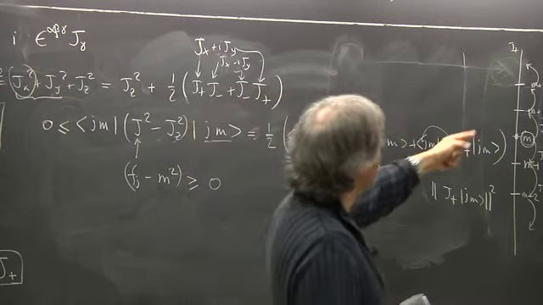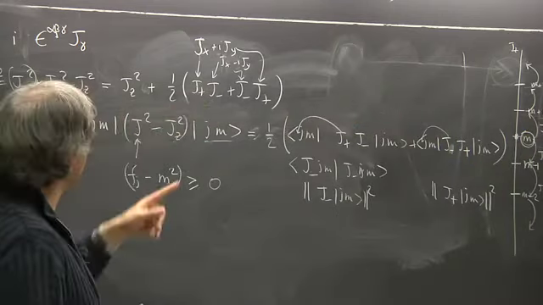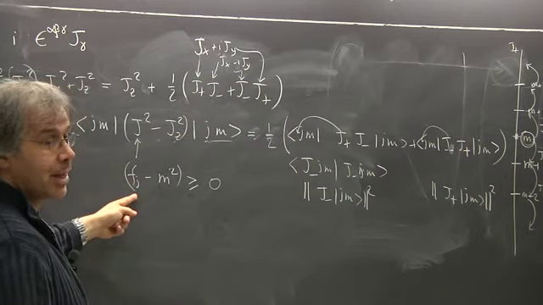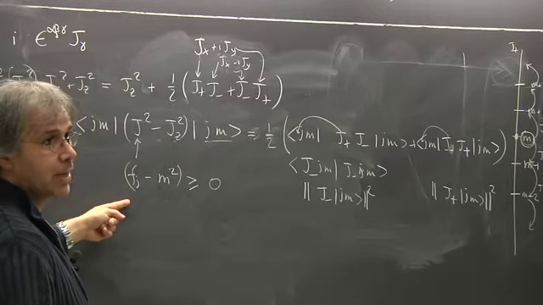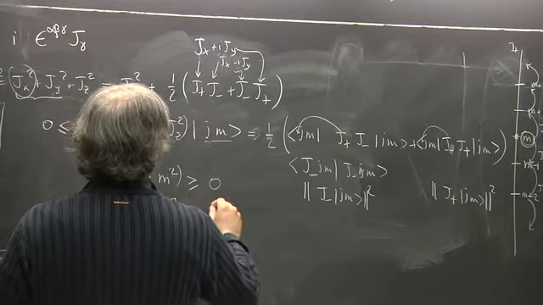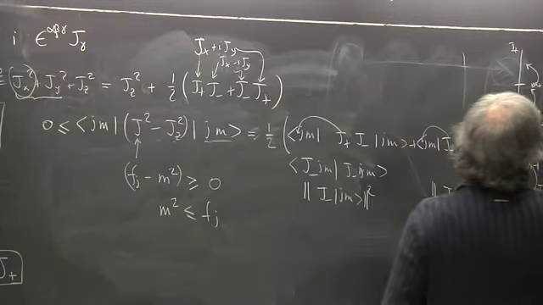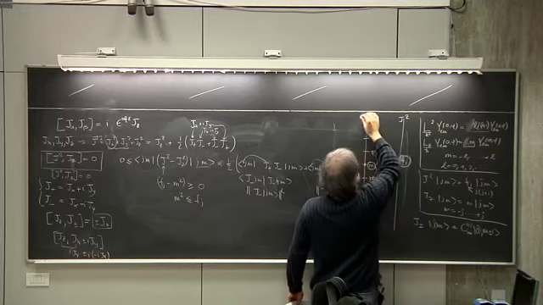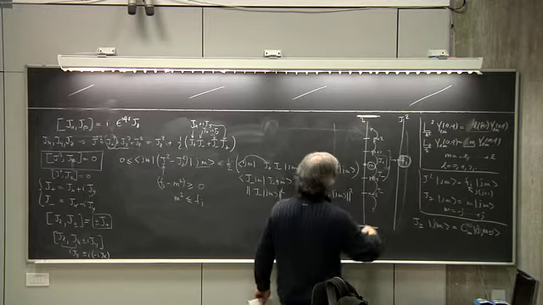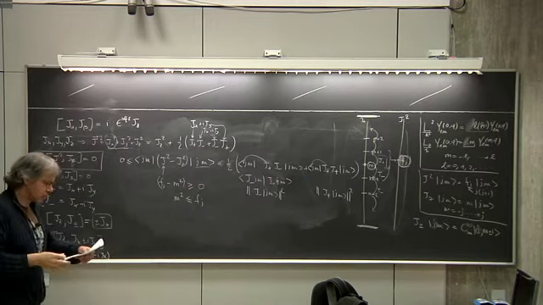If m could increase forever while Fj stays fixed, sooner or later I would have an m so big that it would be greater than Fj, and this would not be possible, because this forces me to have m squared less or equal than Fj. In other words, given Fj, which I still don't know, there must be a cut, positive and negative, beyond which I cannot go with the ladder.